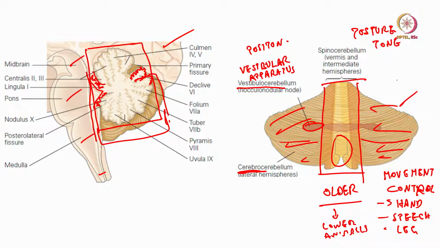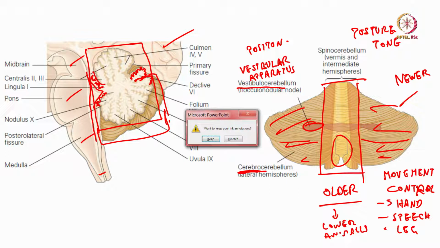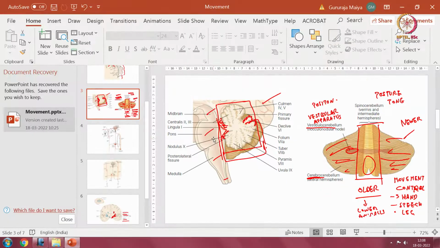This is higher, so newer. Higher animals, in the sense that you have a higher amount of cerebral cortex where this connection is relevant. So, that is about the structure of the cerebellum.